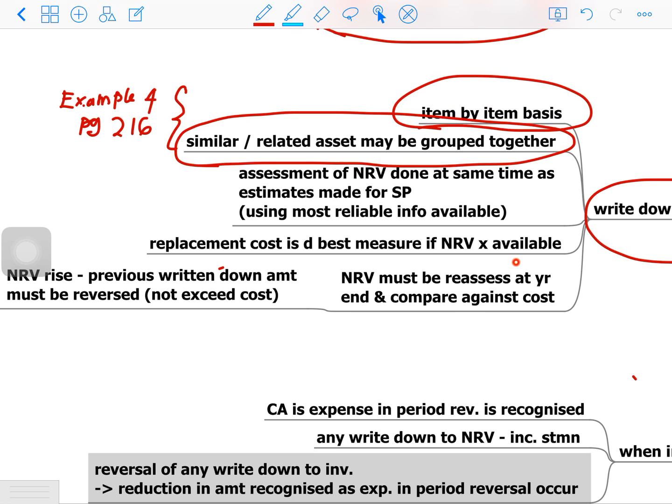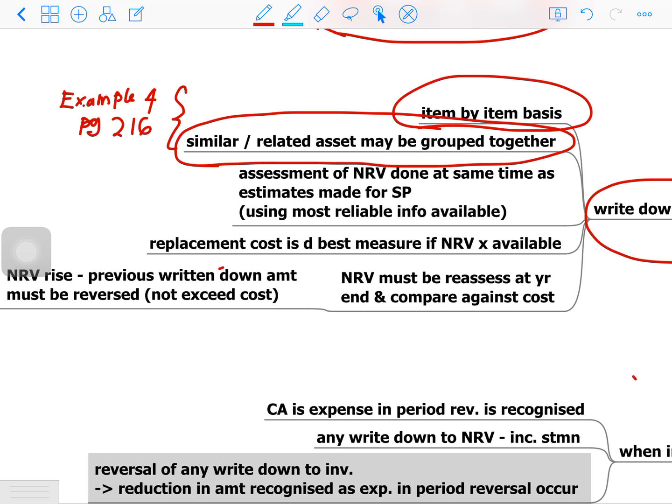NRV must be assessed at year end and compared against cost. So this is how you do it. It means you need two things, cost and NRV, and you compare them one by one, each item or by group, of identical products.